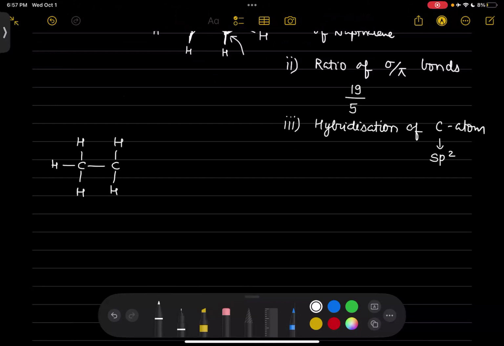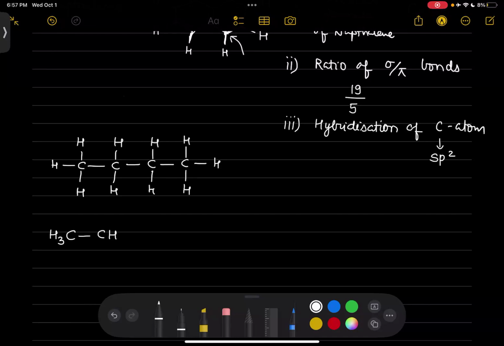I will tell the nomenclature later, don't worry about that. Look, they are all making single bonds because it is ane. This is the detailed structural formula. So there are only sigma bonds over here. Each carbon is sp3 hybridized.